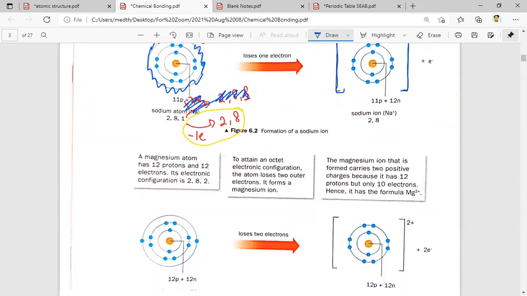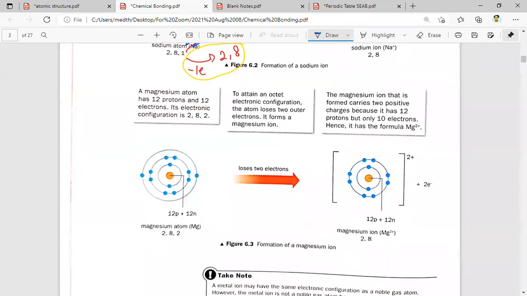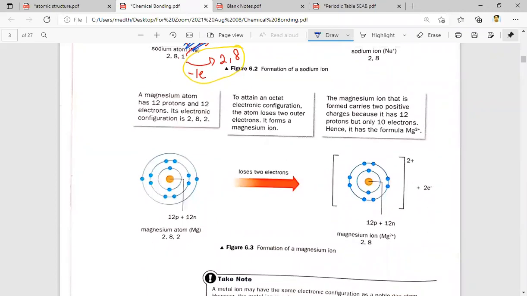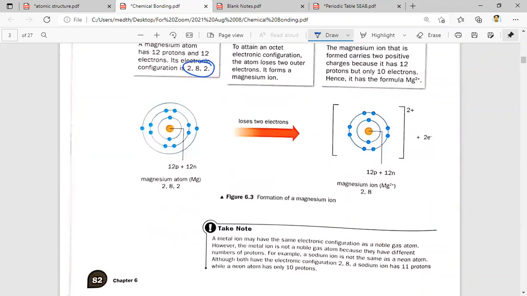Okay, now let's go on to the next one. Then we will compare and contrast a little bit more. So magnesium has 12 protons, 12 electrons, 2,8,2. Once again, you can either gain 6 electrons or lose 2 electrons. So what can magnesium do?